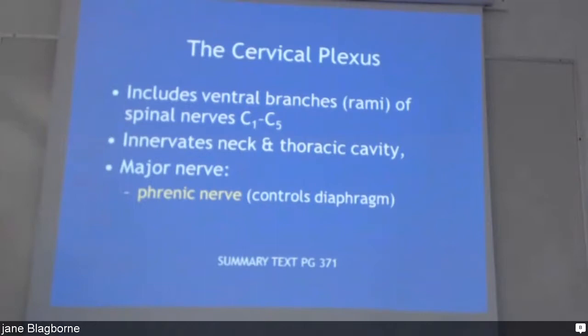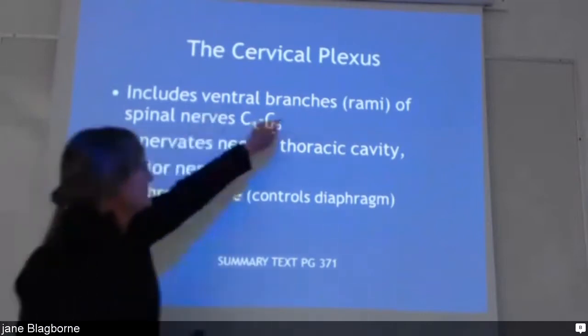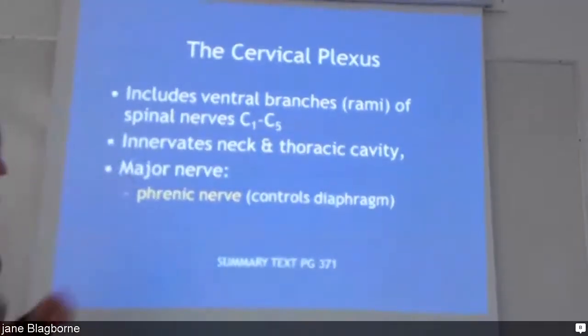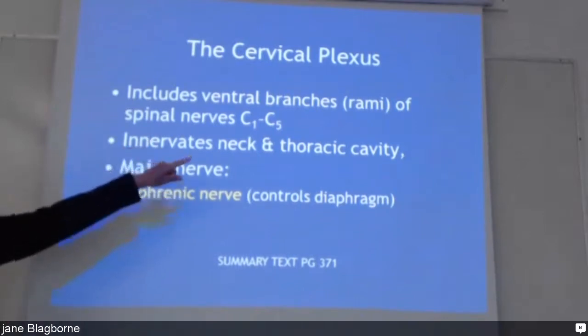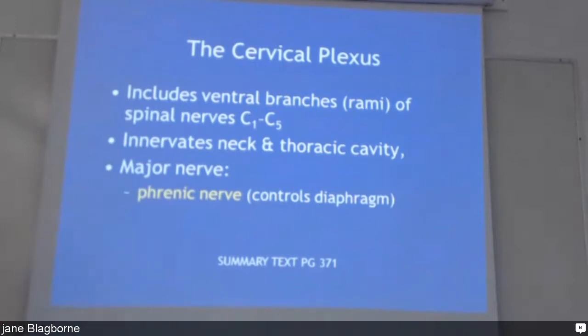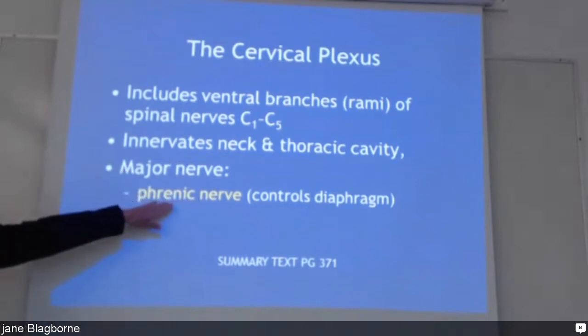The ventral branches are called rami, but that's something you may see again. They are responsible for the nerve stimulus and nerve interactions in the neck and the thoracic cavity, so your lungs and this area here. The major nerve that controls the diaphragm is the phrenic nerve.